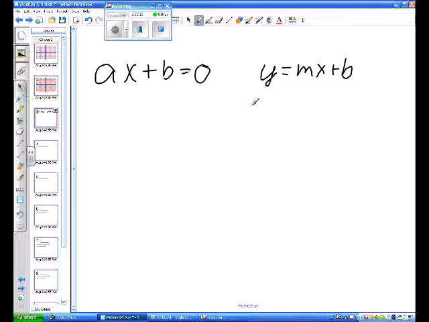Well, if you remember, there are several names for finding the solutions. We can talk about finding the solutions or solving for x. We can talk about finding the roots, which again is simply solving for x. Or we can talk about finding the zeros.